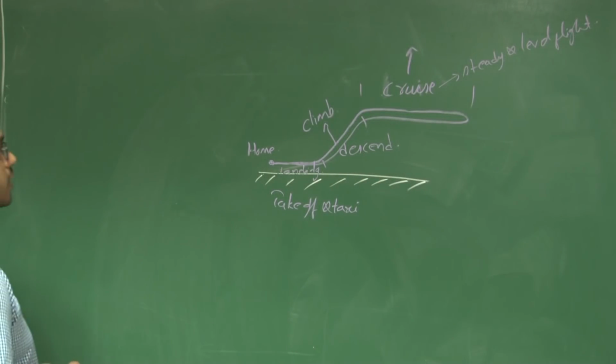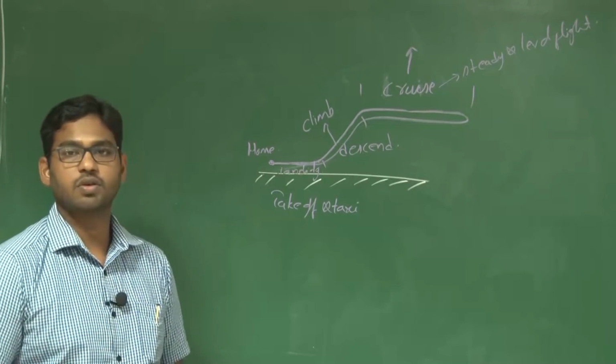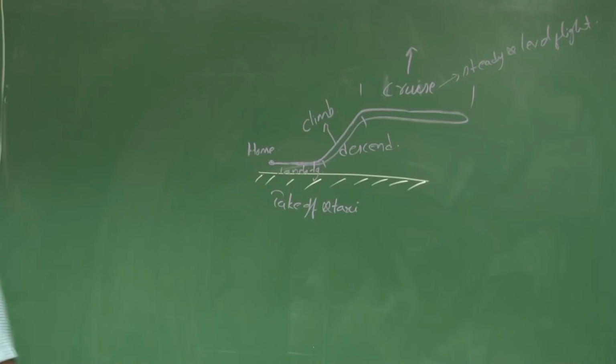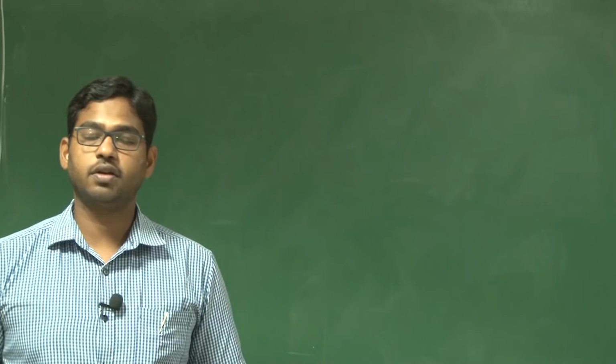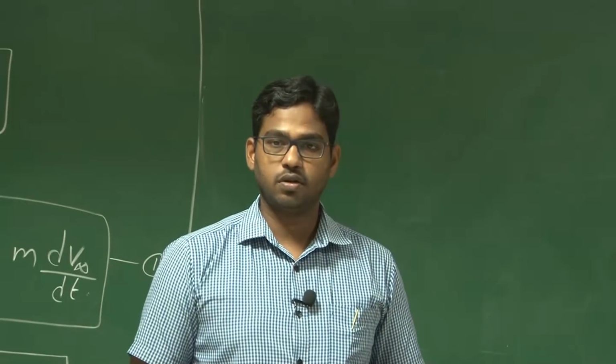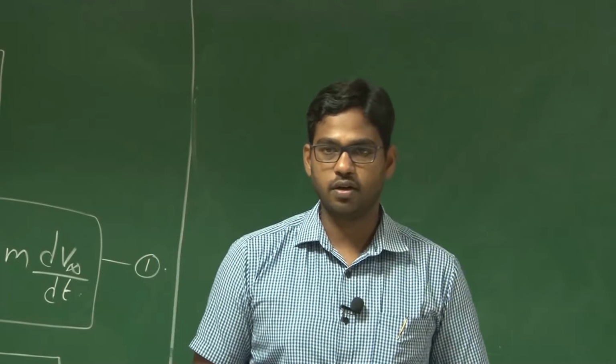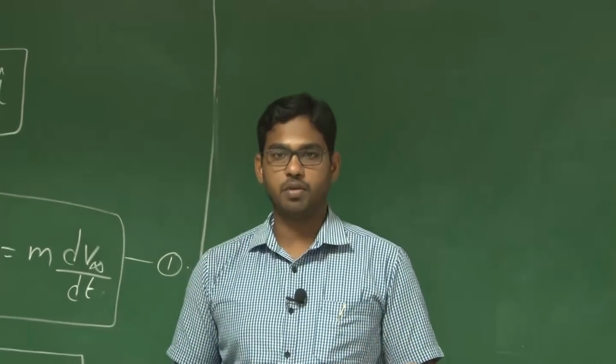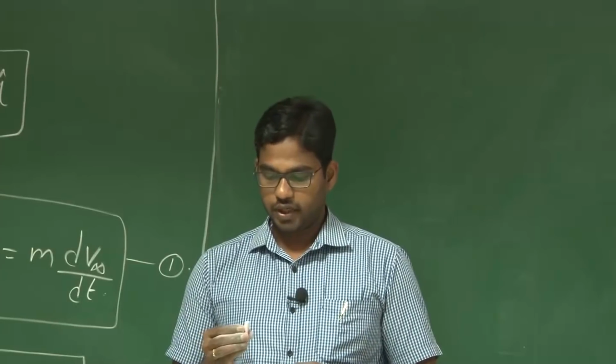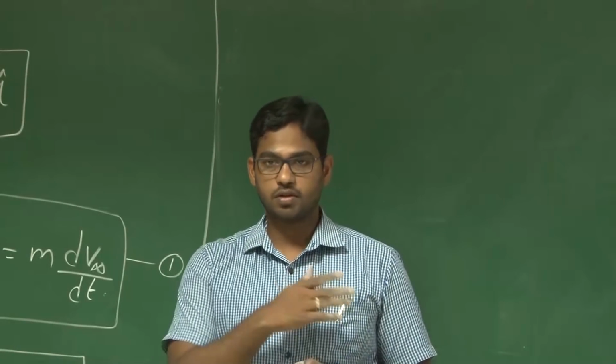So whatever design you have to perform is for this cruise flight. Now let us look at what should be the power requirement or the wing required to lift the UAV of weight W, right? So we have to design this wing for this cruise.